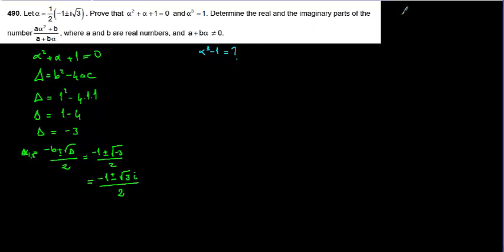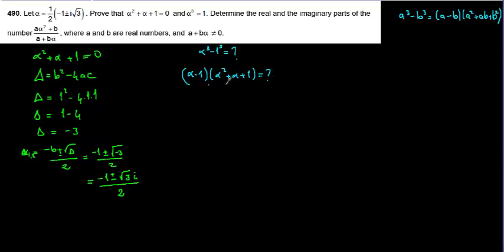Because I know that a cubed minus b cubed is equal to a minus b times a squared plus ab plus b squared. Then alpha cubed minus 1 cubed is equal to alpha minus 1 times alpha squared plus alpha plus 1.